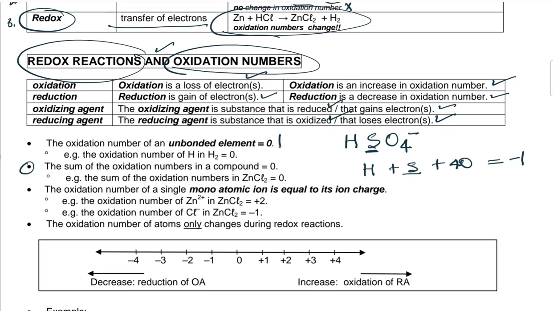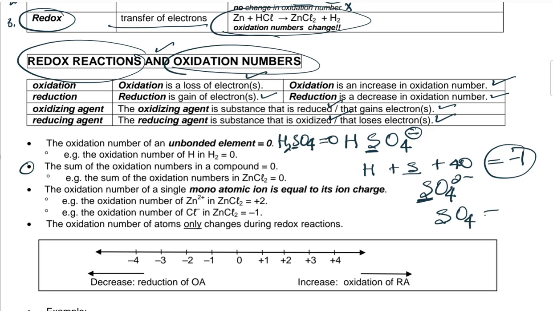But if I'm having H2SO4, I want the sulfur, there's no charge, so this one is going to be equal to 0. But if you see a charge there, it must be equal to that charge. If I'm having SO4 2-, I want the oxidation number for sulfur, so SO4 must be equal to that charge, which is -2.